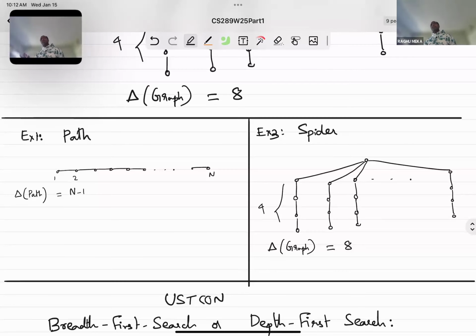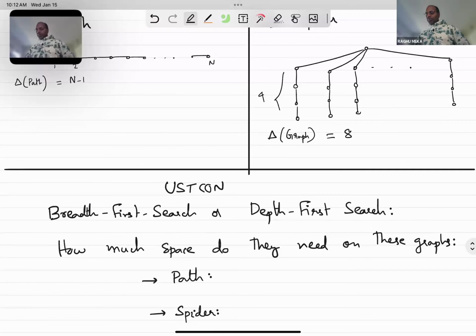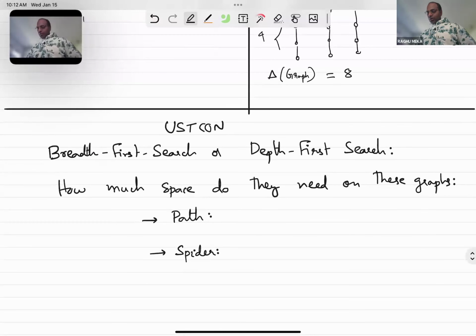So the spider graph somehow seems better connected, but breadth first search and depth first search both take a lot of space on these graphs. Okay. In particular, on the path graph, both take n bits. And on the spider graph also, they take roughly n bits.